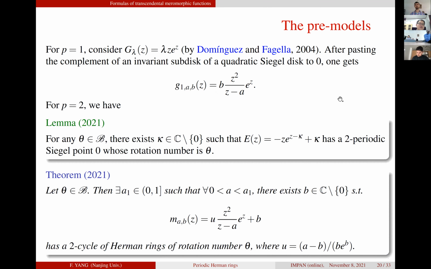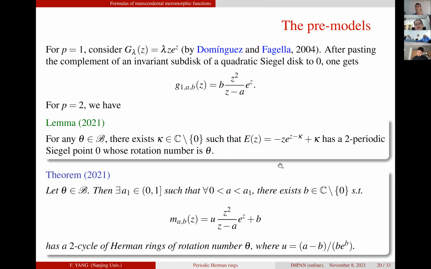For p equals 2, we have the following result. If theta is of Bernoulli type, then there exists kappa such that E_kappa has a 2-periodic Siegel disk whose rotation number is theta. This family has a 2-periodic Siegel point.